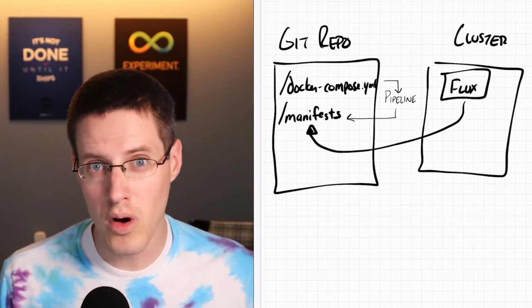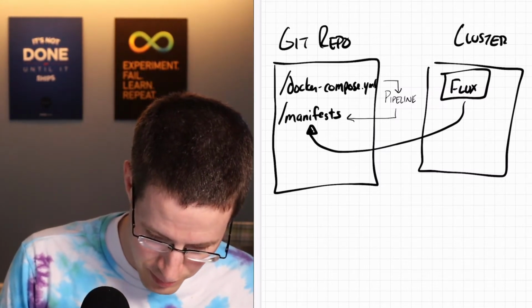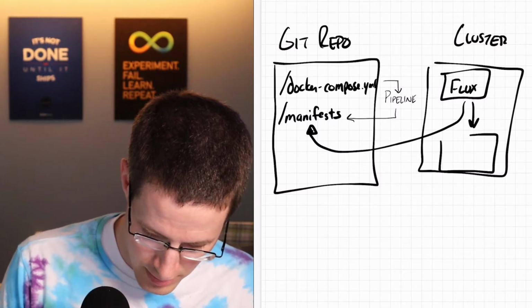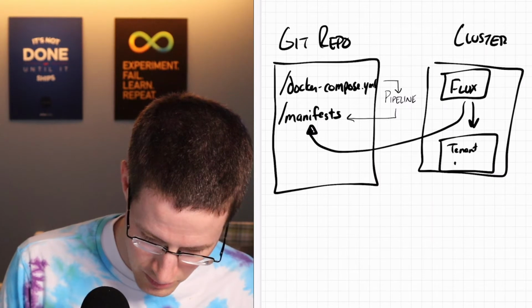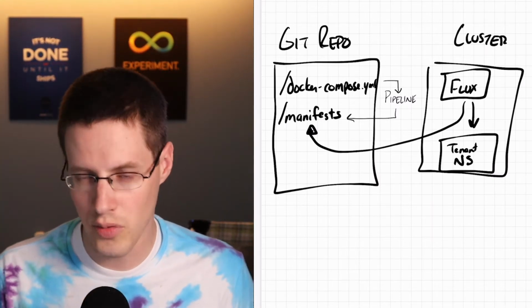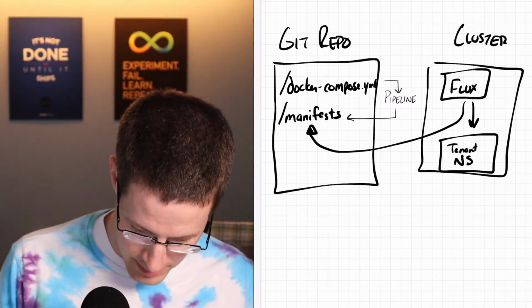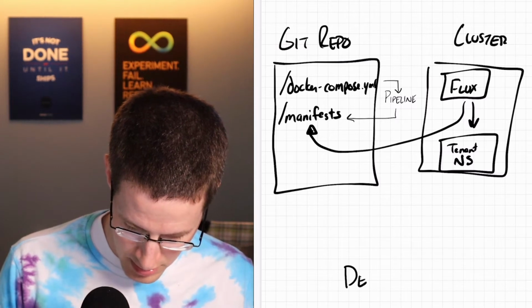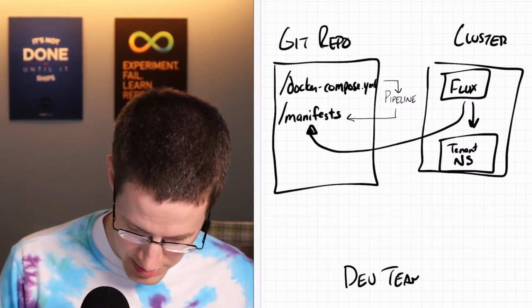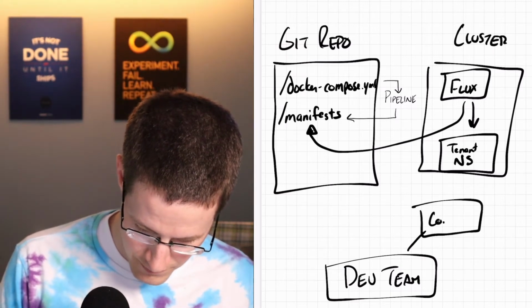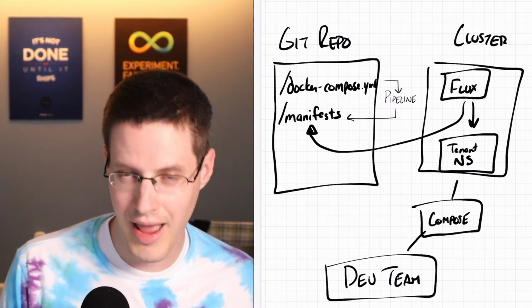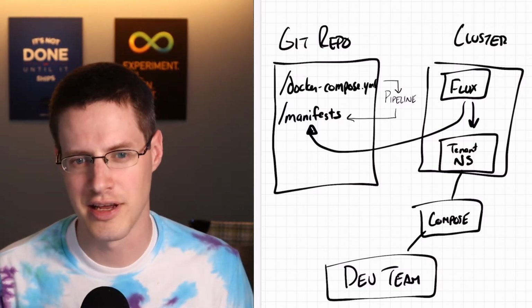When Flux deploys everything into the tenant namespace, or the application team namespace, whatever you want to call it, I want that dev team to still be able to use the Compose tooling to access the logs, exec into their containers, all that kind of stuff.